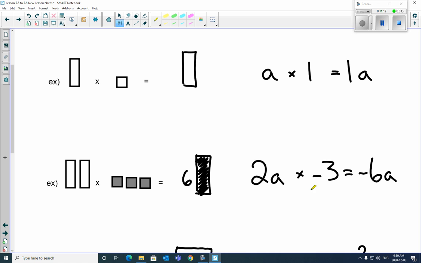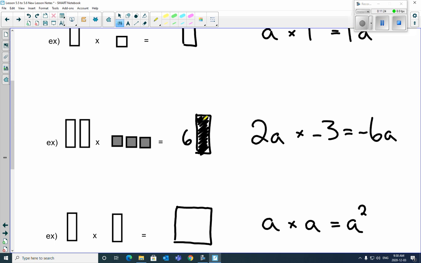What's 2 times 3? Negative 6, and the a is just by itself. Now, you could, if you wanted to, write out 6 of these things side by side, but that's a lot of writing. So often we do the shortcut, and we just draw 6 with a little bar like that. That represents 6 of the variable, and being dark means it's negative.